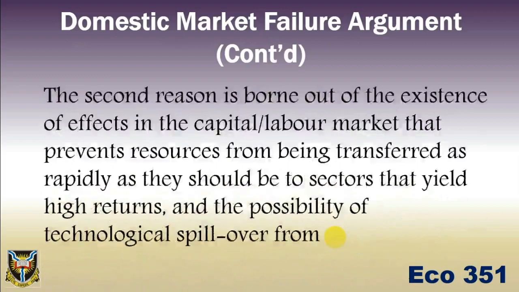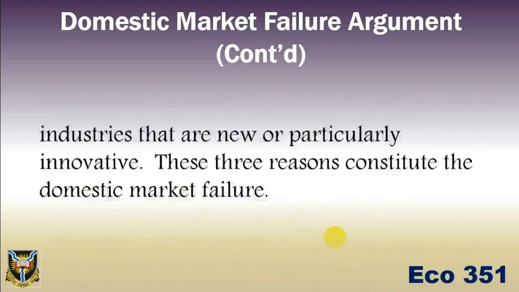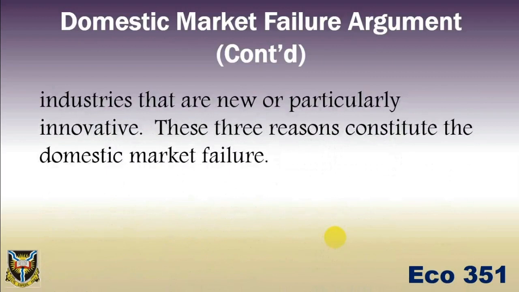The second reason is born out of the existence of defects in the capital and labor market that prevent resources from being transferred as rapidly as they would be to sectors that yield high returns, and the possibility of technological spillover from the industries that are new or particularly innovative. These three reasons constitute the domestic market failure.